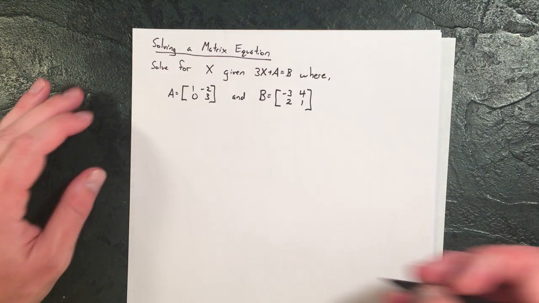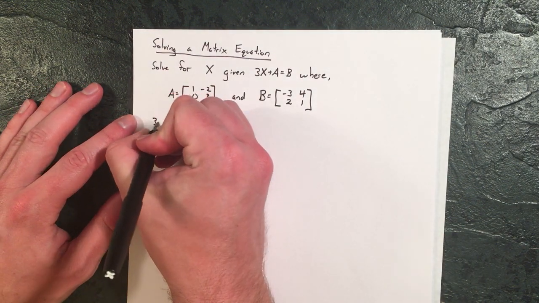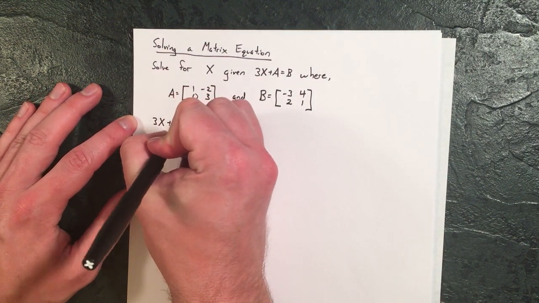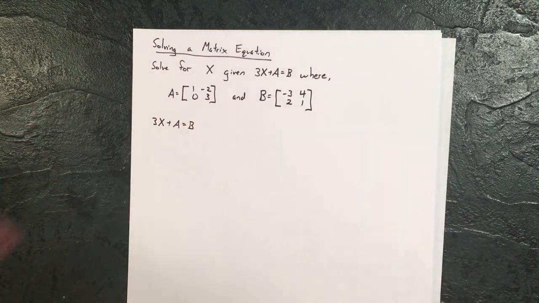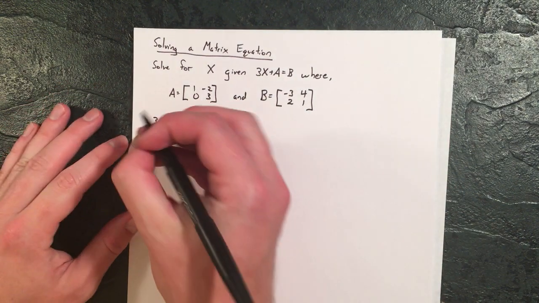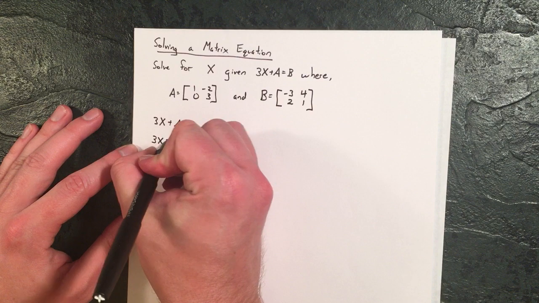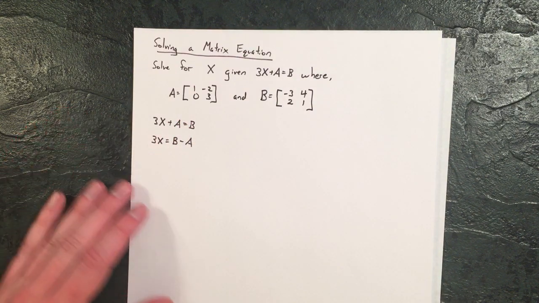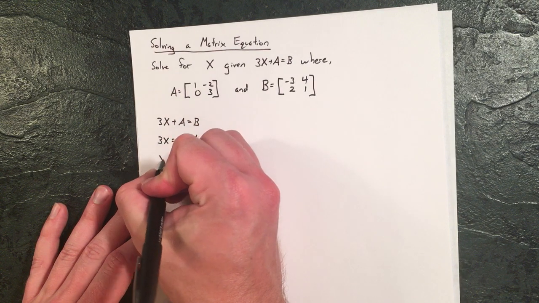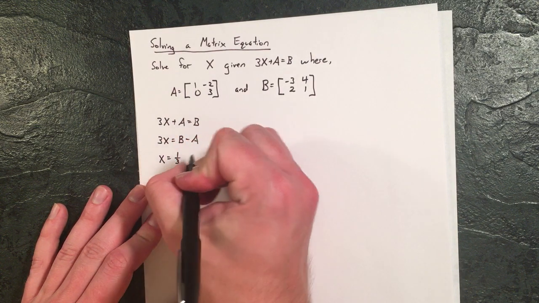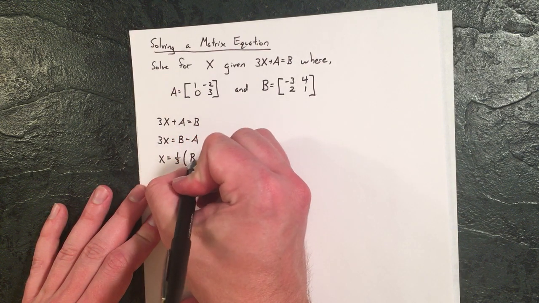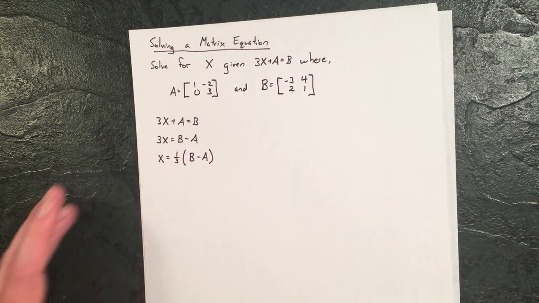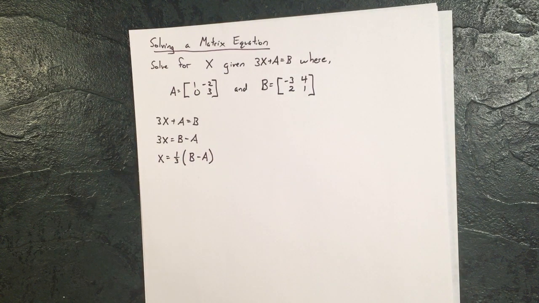So a good starting point could be just to solve for X, kind of how you would in a basic algebra or pre-algebra course even. So we would subtract that A over initially, and then we would divide by 3, which you could think of as just multiplying by 1/3. And so our final solution should have this form.